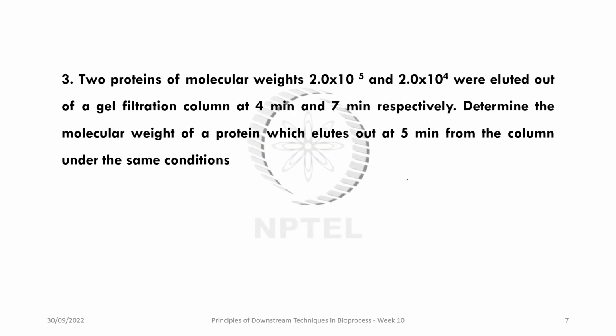Question 3: two proteins of molecular weights 2 into 10 power 5 and 2 into 10 power 4 were eluted out of a gel filtration column at 4 minutes and 7 minutes respectively. Determine the molecular weight of a protein which elutes out at 5 minutes from the column under the same condition.